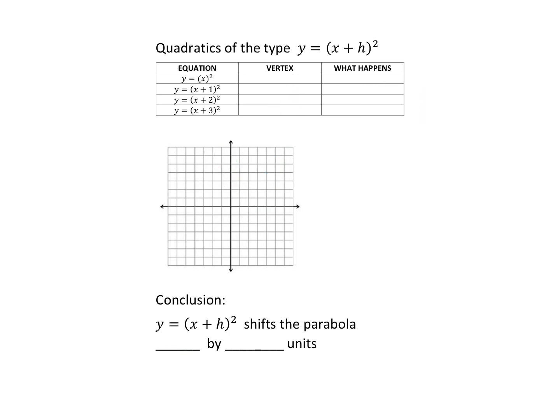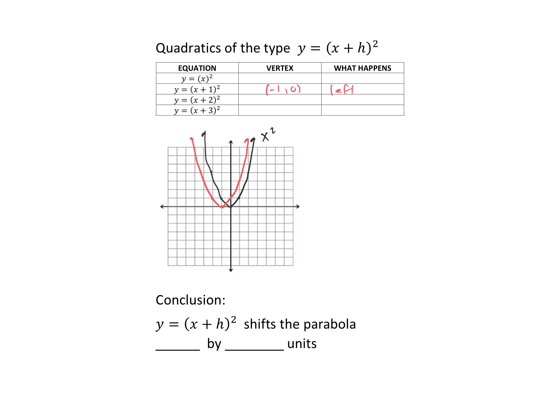Okay, and then we're going to do x plus h. So we'll start with x squared. If you type in (x plus 1) and then square it, so now we're adding a number to x and then squaring it, you'll find that it goes left 1.